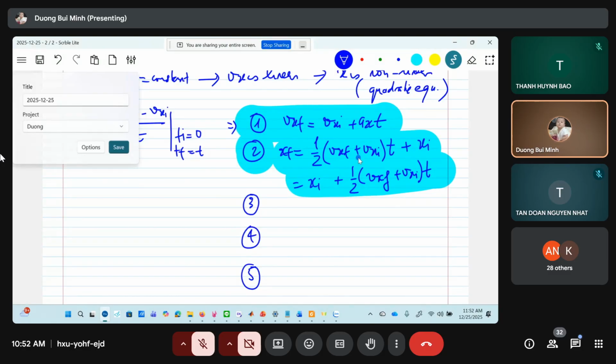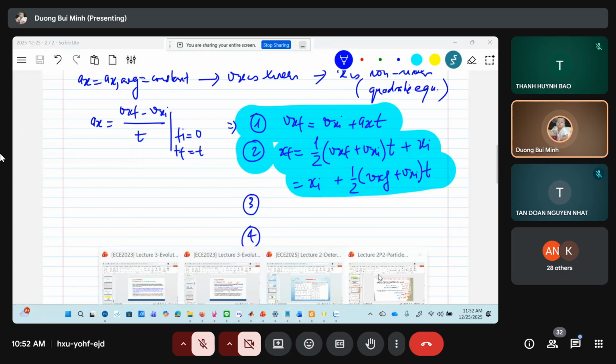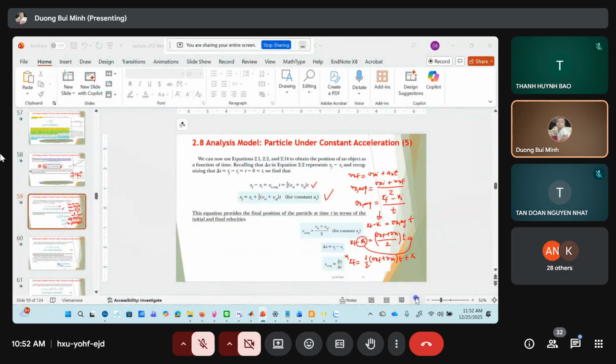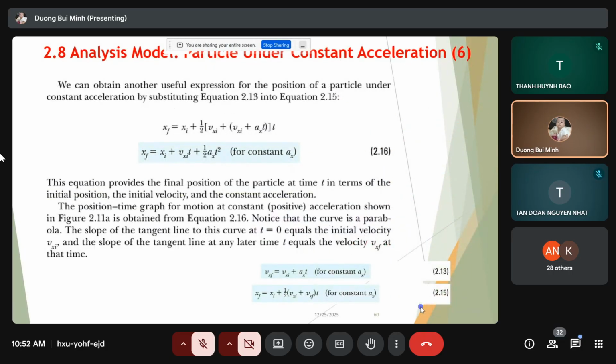Now we're looking for the other 3 equations. Next one. We have xf is xi plus half Vxf plus Vxi totally times t, and we know Vxf is Vxi plus Ax times t.